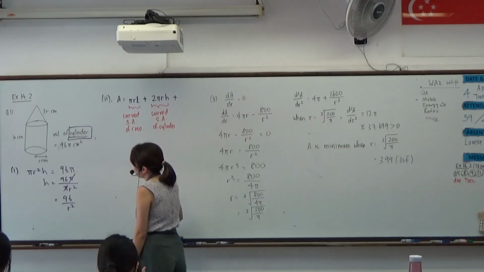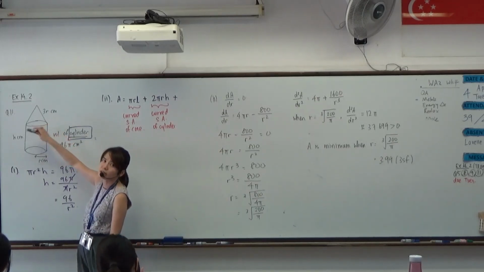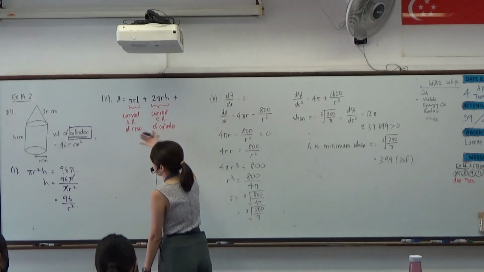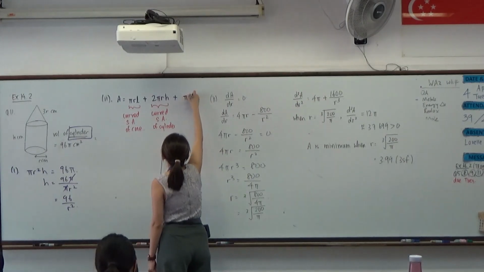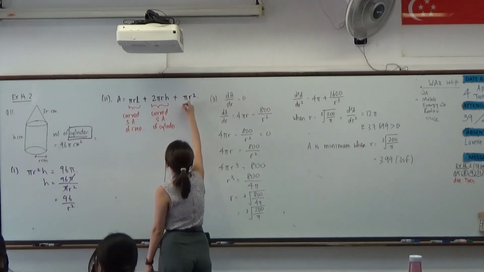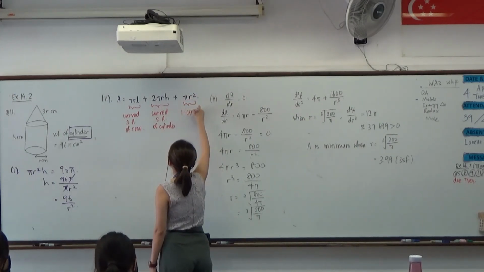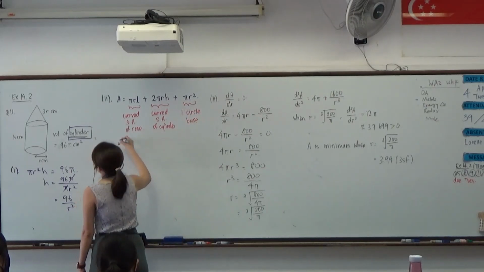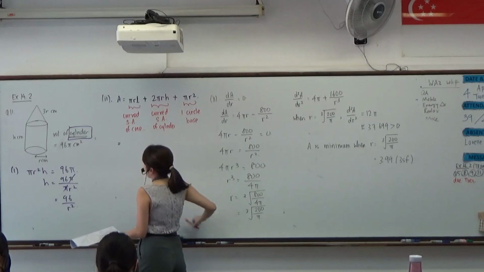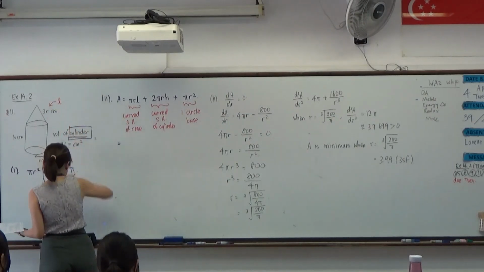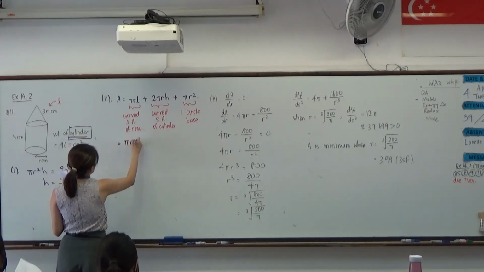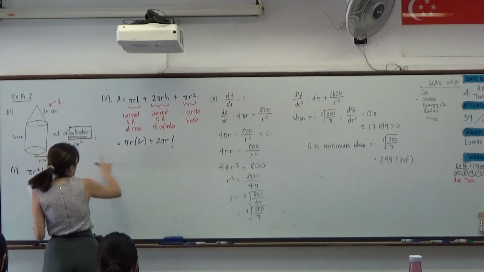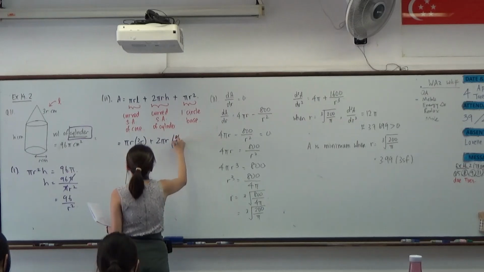And for the cylinder, we only have one circle. The top circle doesn't count because it is not exposed. We cannot touch it, it is not a surface of the figure. So we plus another pi r squared. L in this case is your 3R, and then H has been found to be 96 over R squared.